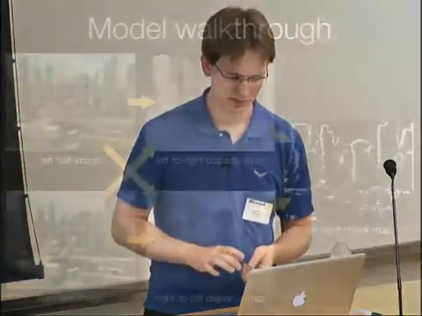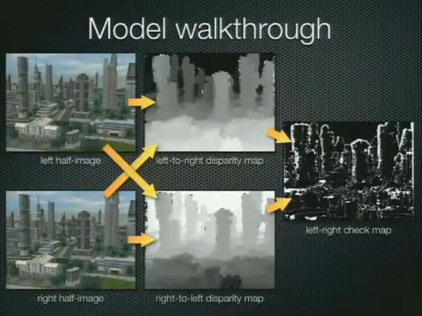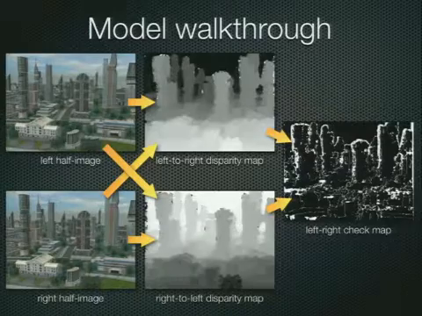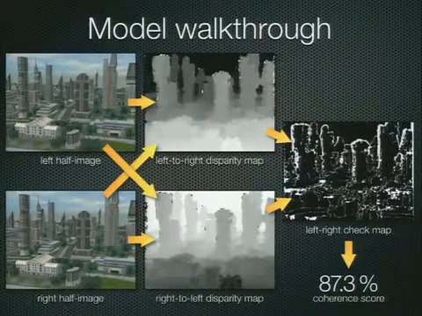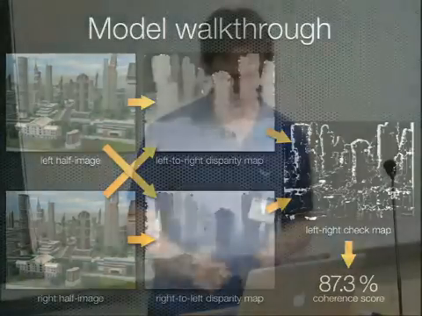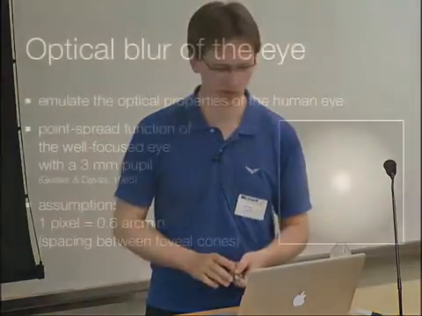The disparity maps are computed from left to right and from right to left, and the consistency of these disparity maps is then checked using the left-right check. And this map, where white pixels indicate inconsistent areas, is then summarized into a single coherence score that describes the proportion of pixels that are considered to be consistent or coherent between the 2 views. And these are all the black pixels here. But let me go into more detail about all these stages.